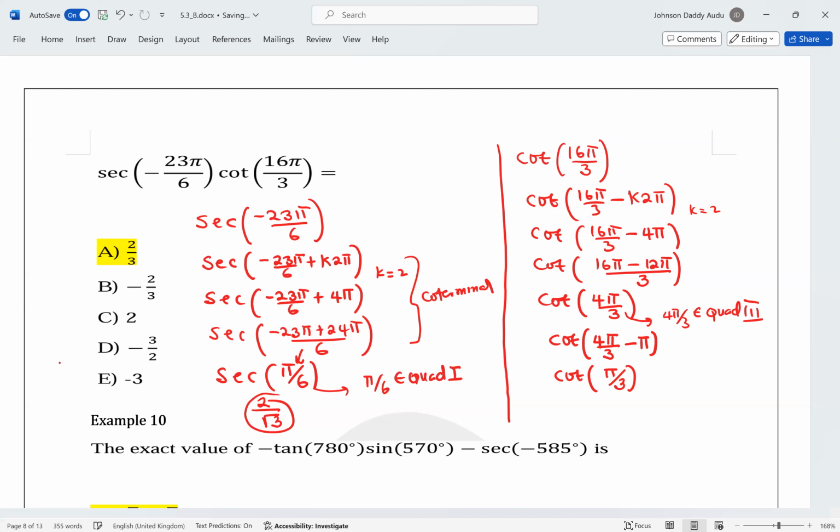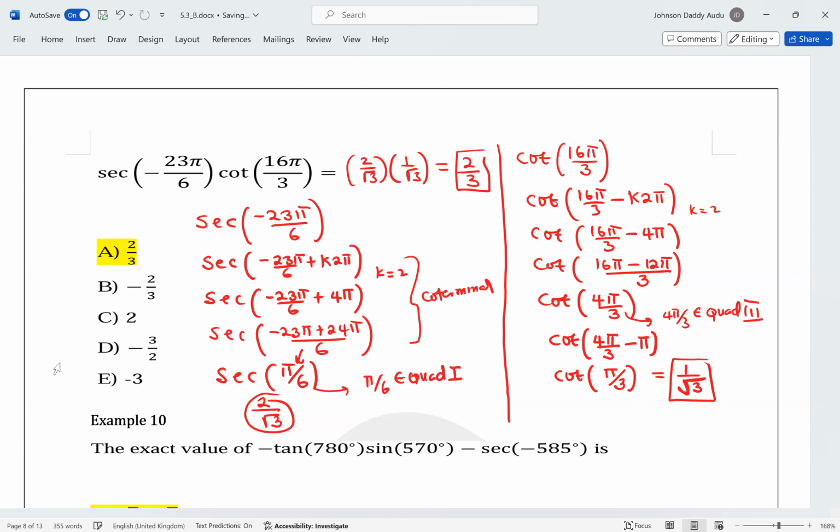And cotan of 60 is going to be 1 over root 3, because we know that tan 60 is root 3. So this means you will have 2 over root 3 multiplied by 1 over root 3, and your answer is going to be just 2 over 3.